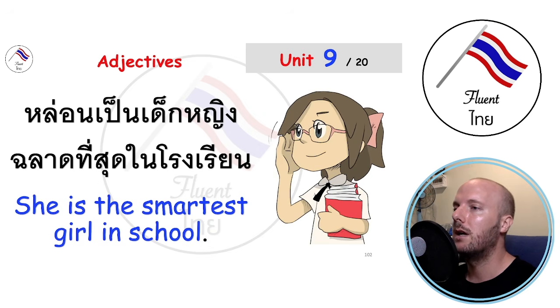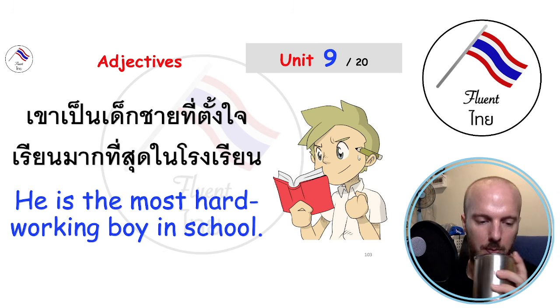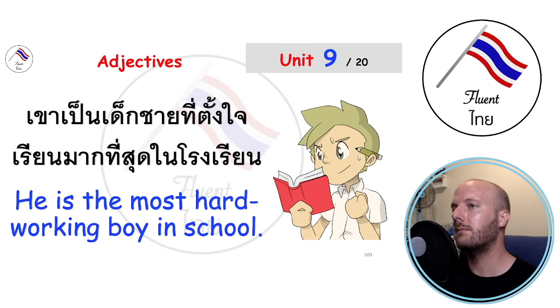She is the smartest girl in the school: ลอนเป็นเด็กหญิงฉลาดที่สุดในโรงเรียน. He is the most hard-working boy in school: เขาเป็นเด็กชายที่ตั้งใจเรียนมากที่สุดในโรงเรียน.